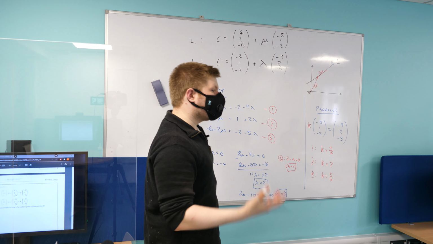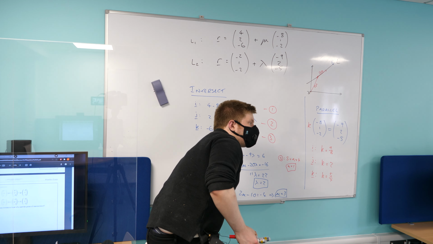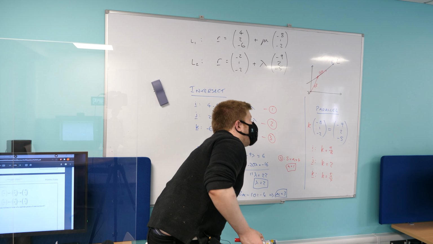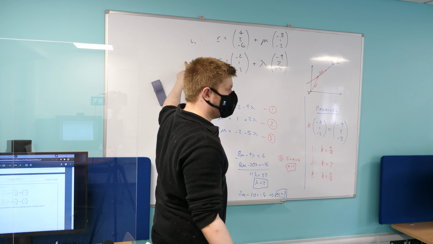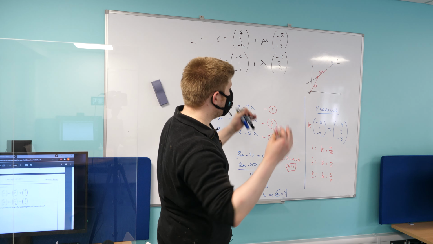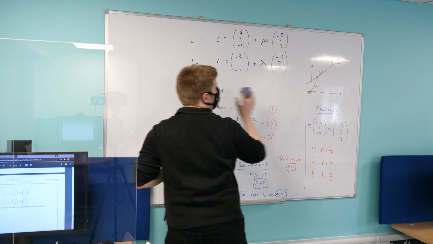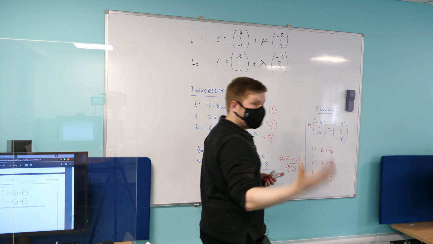Well, happy that's relatively easy, because now I have a value of mu and lambda. If I substitute it into either my top line or my second line, I'll find my point of intersection. Just to show you, I'm going to substitute it into both. But are you happy it doesn't really matter which one I use, because it's a point of intersection, the same point on both lines.